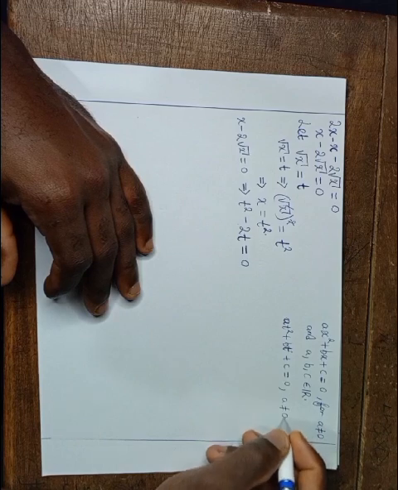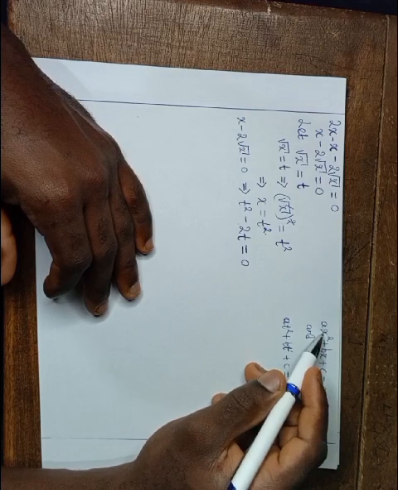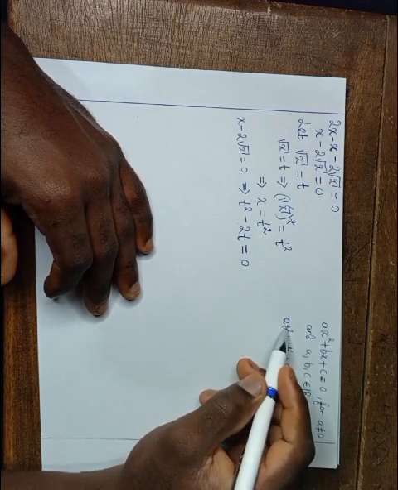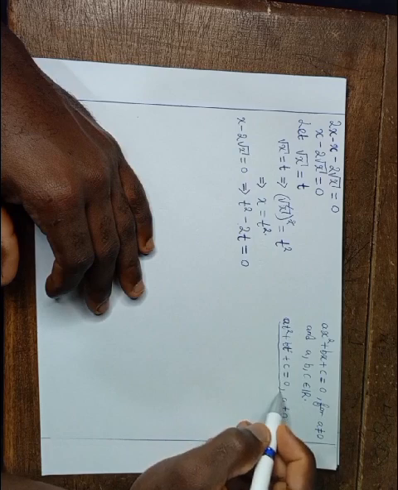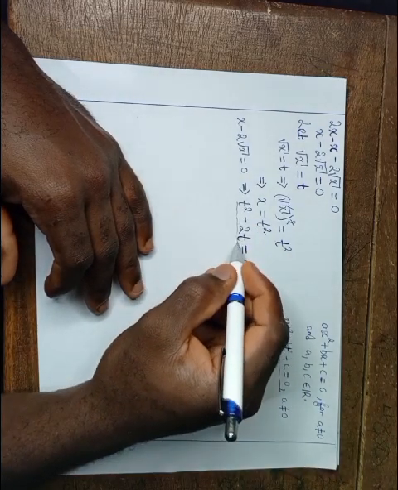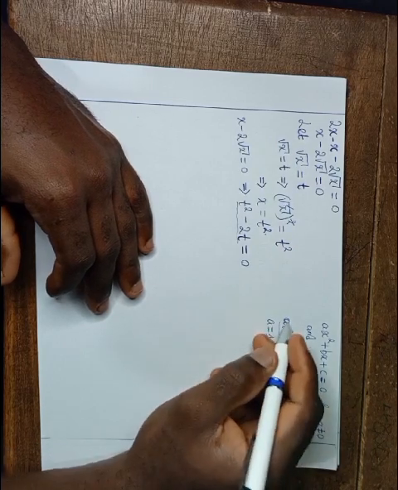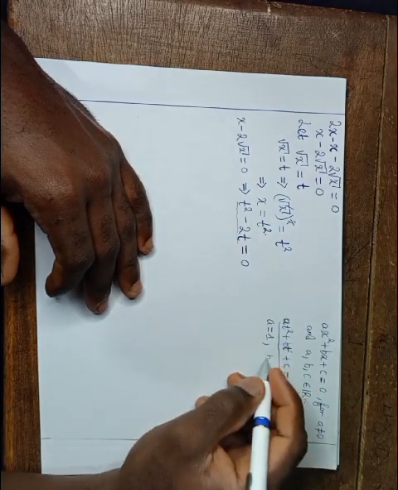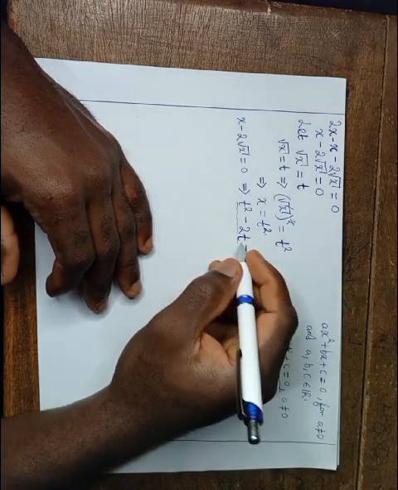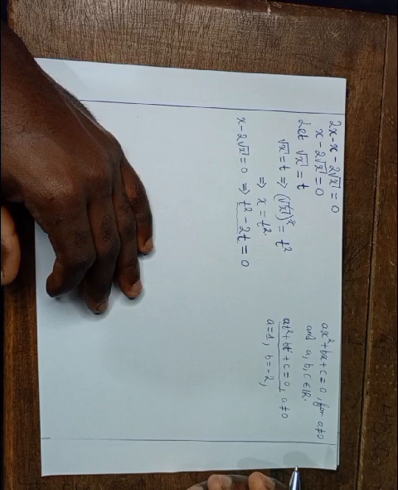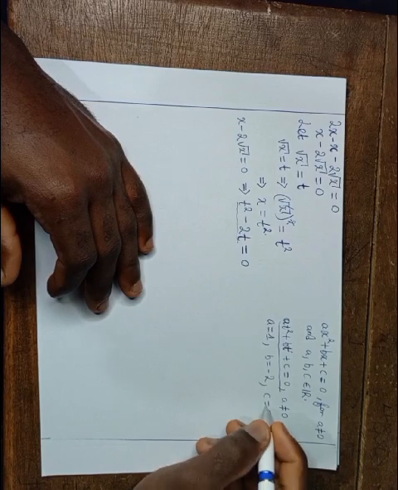A is not equal to 0. Like here, x, you must take note, x is a variable. Here, t, we have replaced x with t. T is a variable. If we compare this equation and our equation here, we simply have a to be 1. T squared remains t squared. B is negative 2. We have c to be, since there's no constant, because c is a constant term, it is independent of the variable. So that means c is simply equal to 0.